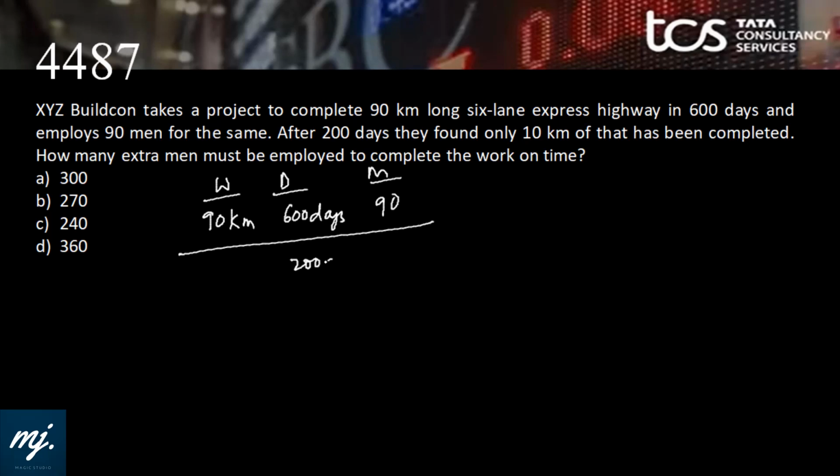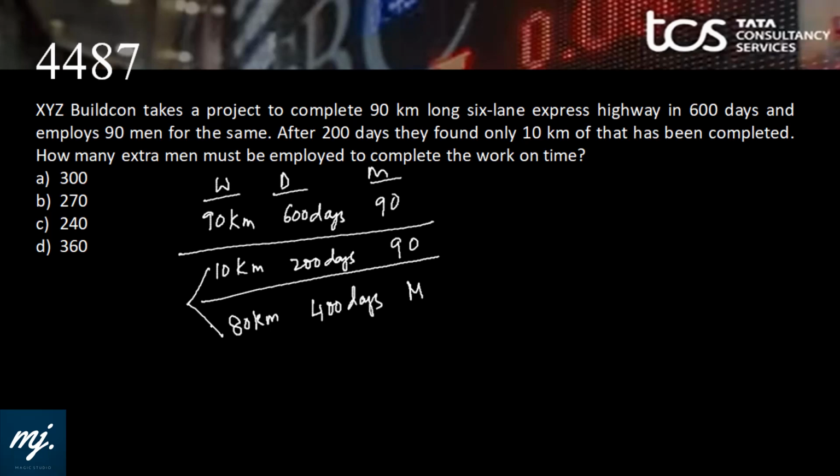After 200 days, they found only 10 kilometers of that has been completed. Work done: 10 kilometers by 90 men. How many extra men, let it be M, must be employed to complete the work on time? So remaining work is 80 kilometers, 90 minus 10, and remaining days are 600 minus 200, that is 400 days.